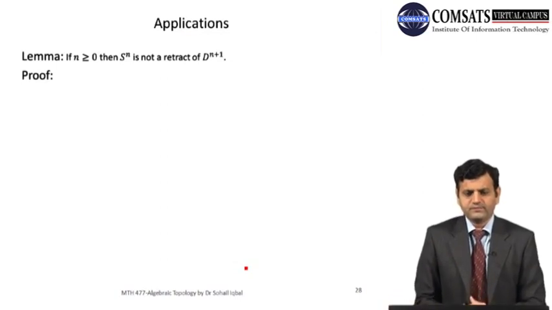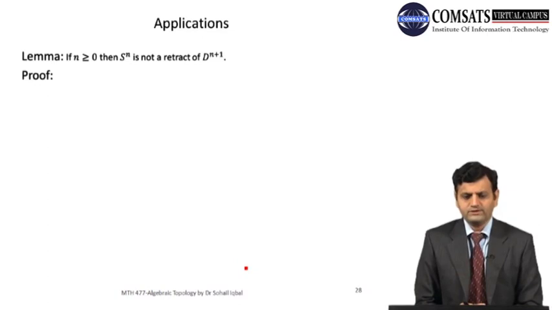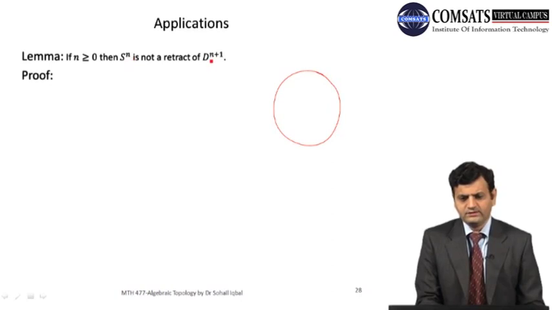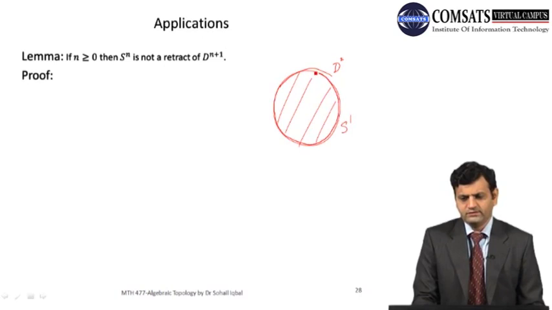Okay, so let's go to further applications of the homologies. Sn is not a retract of Dn plus 1. Once again, if we look at the two-dimensional case, we have this D2, and S1 is the circle which is the boundary, and we want to show that this S1 is not a retract of D2.